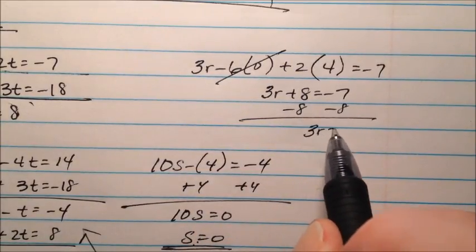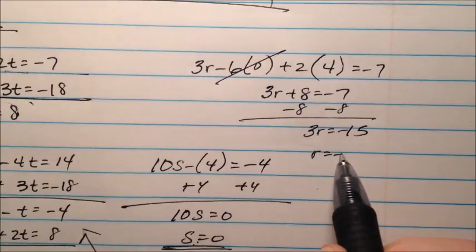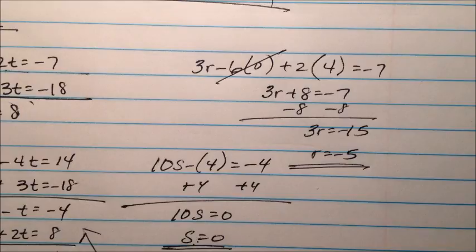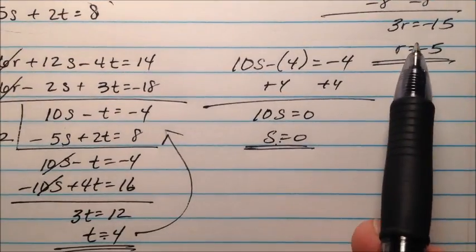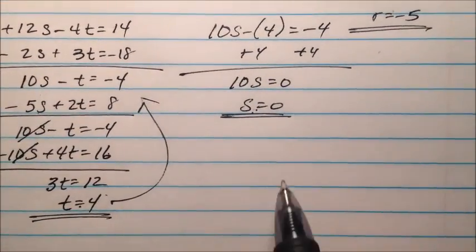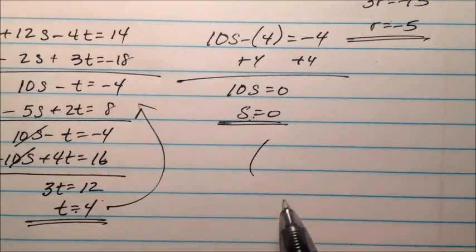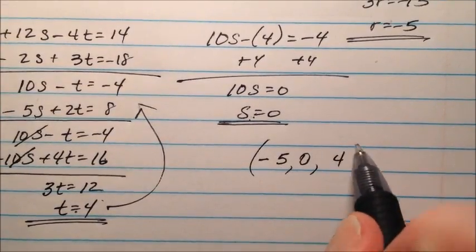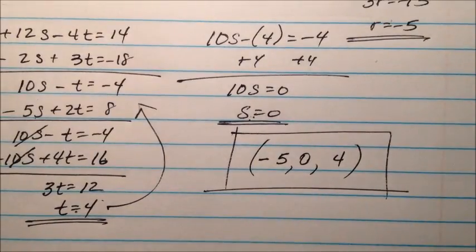That'll be 3r = -15, and r = -5. Okay, so I got all three of them now, r, s, and t. I'll put them in alphabetical order and write it as an ordered triplet, r, s, and t. So the solution to number 45 is (-5, 0, 4).